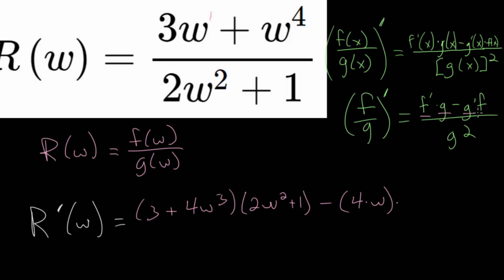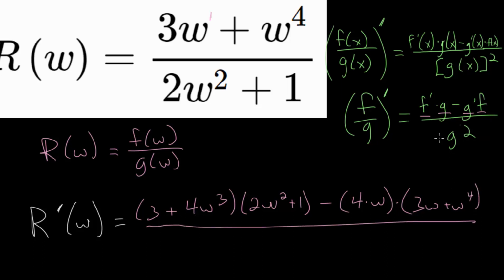We just did that step, and now we're multiplying by our function f of w, which we know is 3w plus w to the 4th. All of this is divided by that denominator function, g of w, and we will square it. So we have 2w squared plus 1, and then all of that will be squared.